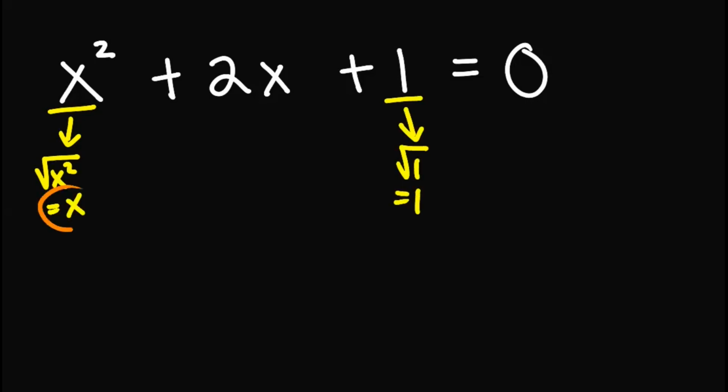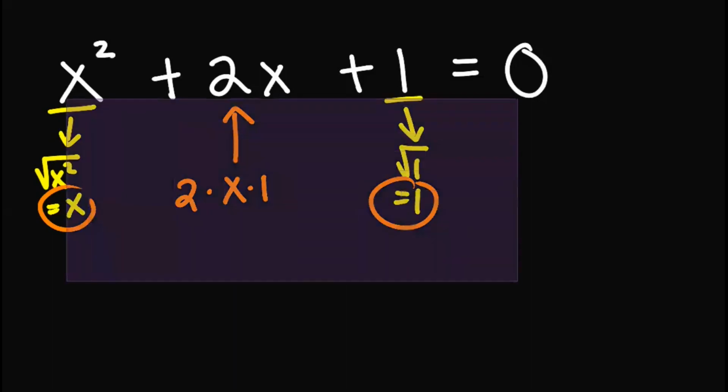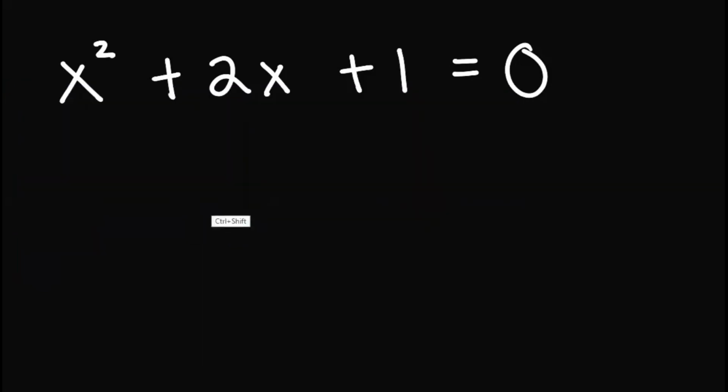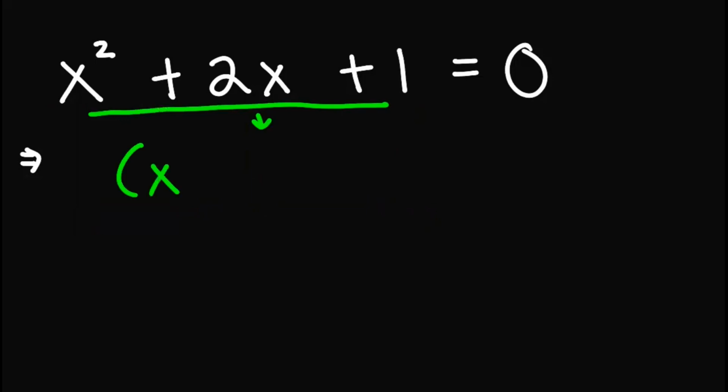And observe that if we multiply x times 1 times 2, we'll obtain this middle term. So by perfect square trinomial, this factors into x plus 1 squared.